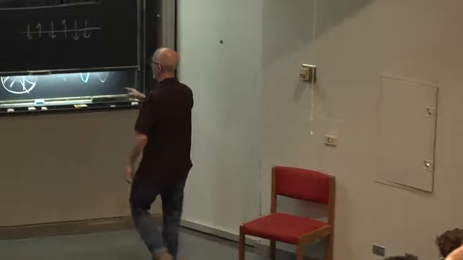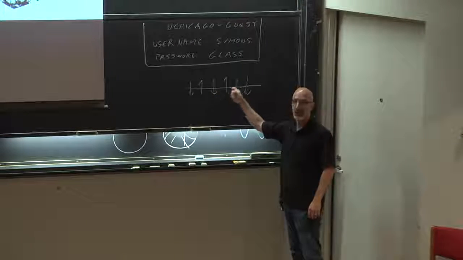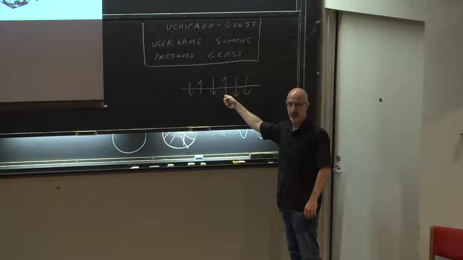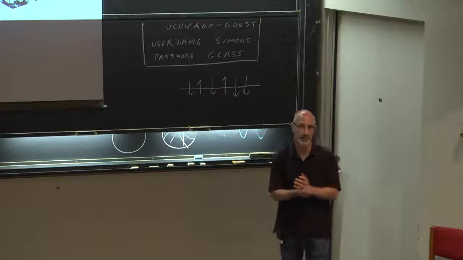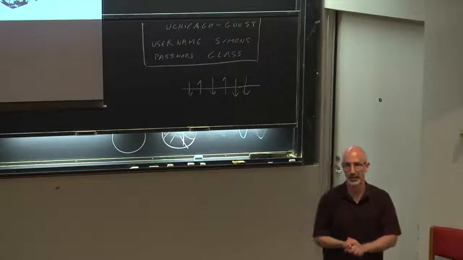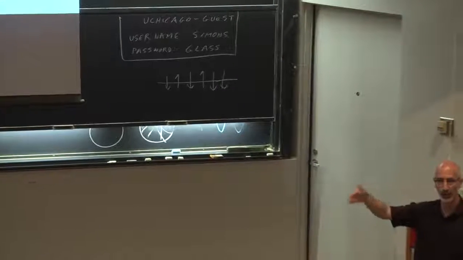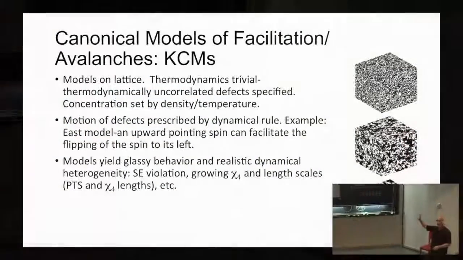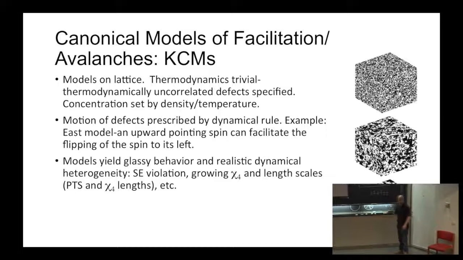But actually just having that dynamical rule that I told you, where a spin to one side is up or down allows the motion of the spin to the right, will give rise to many of the features that we've talked about throughout this tutorial. And in particular, you'll see cascades of motion that occur from the spins that we would deem defects, the ones that are either up or down in whatever language you want to set, as the ones that facilitate the motion. So these are facilitated models.